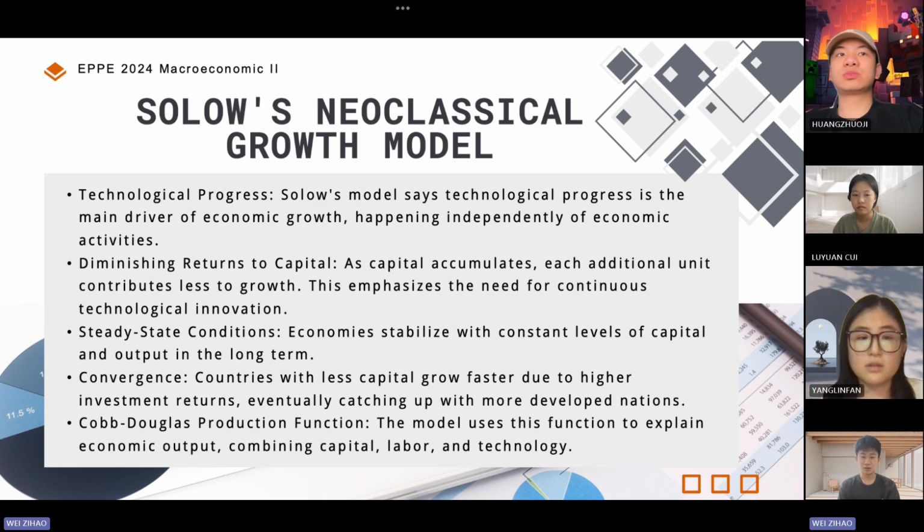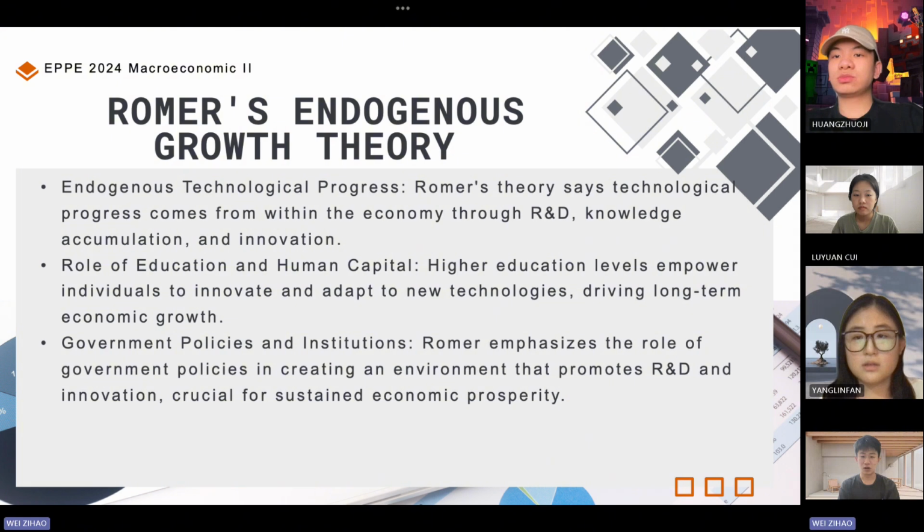Next page. In contrast, Paul Romer's endogenous growth theories, developed in the late 1980s and 1990s, offer a different perspective.